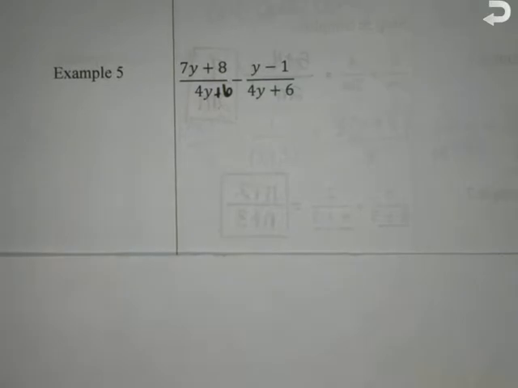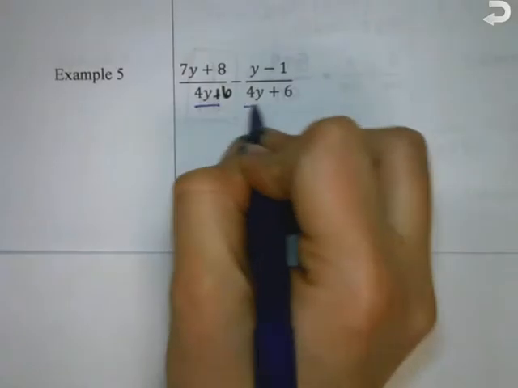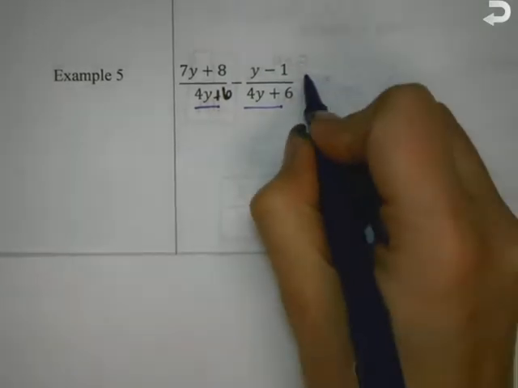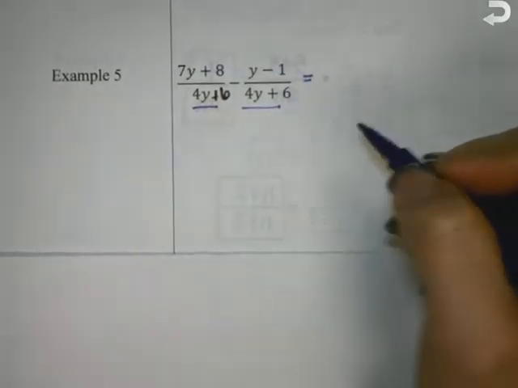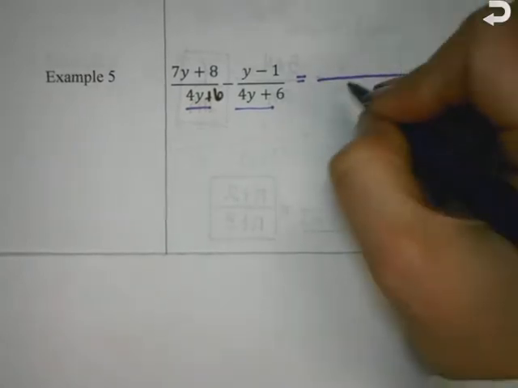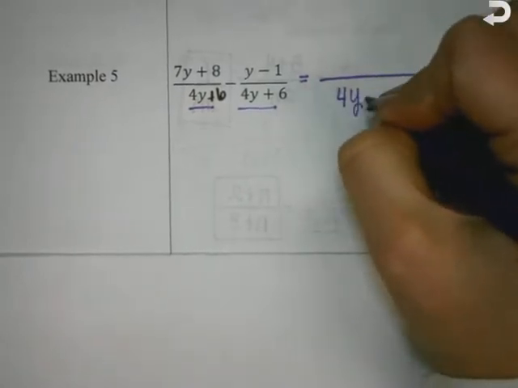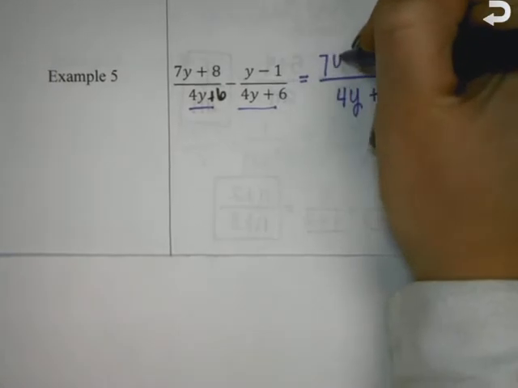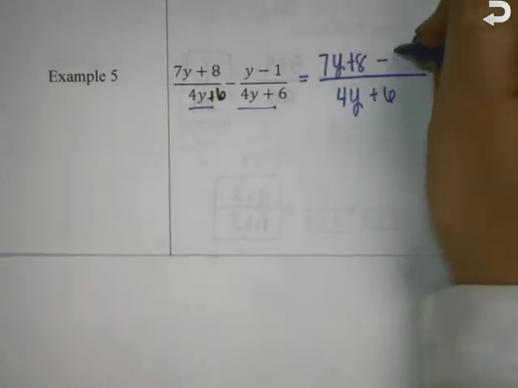So I do have common denominators, right? So we're going to rewrite the whole thing so that it's over a common denominator. My common denominator is 4y plus 6. We have 7y plus 8 minus, in parentheses, y minus 1. I distribute that negative, very good.